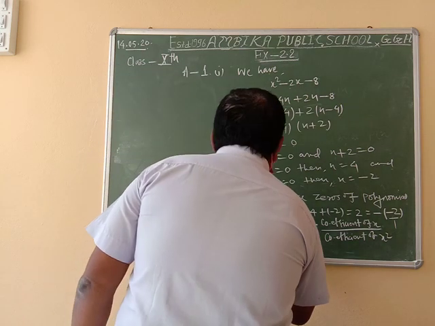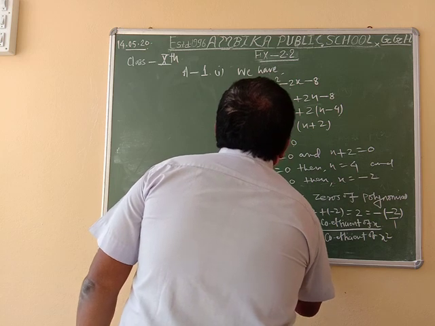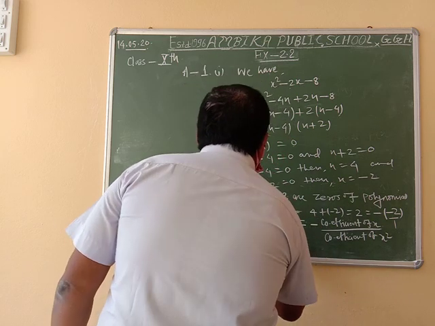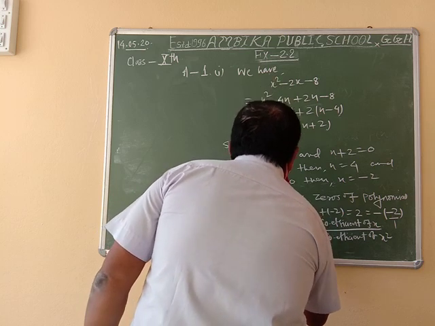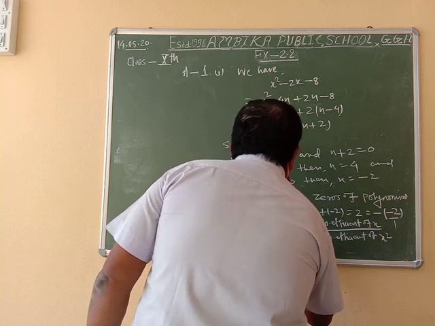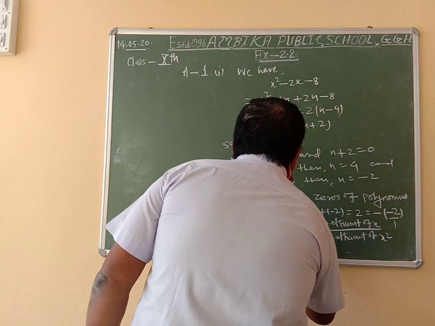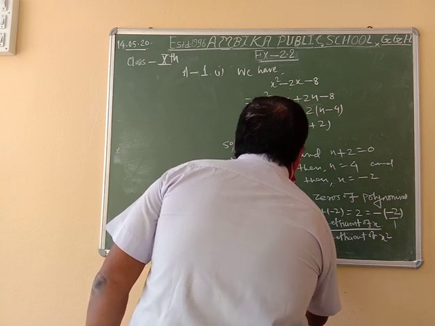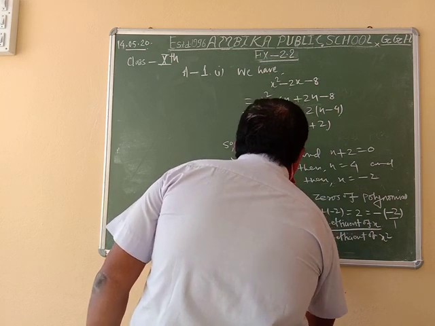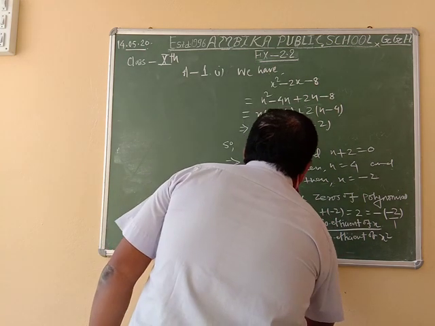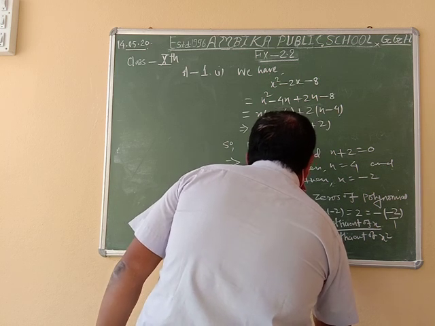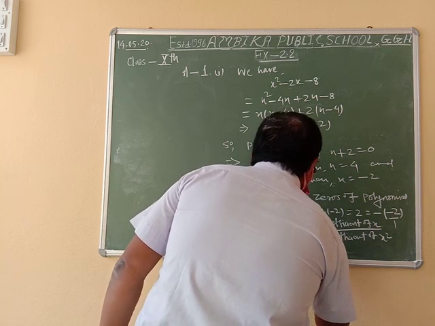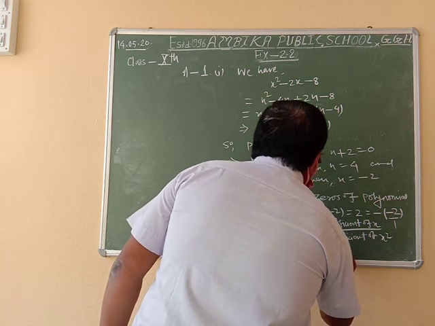Minus 8 by 1 we can write as constant term by coefficient of x square.